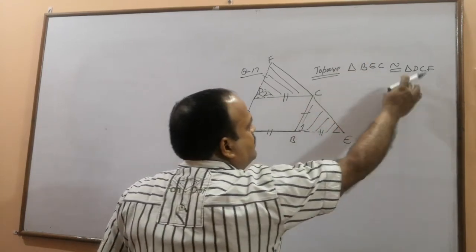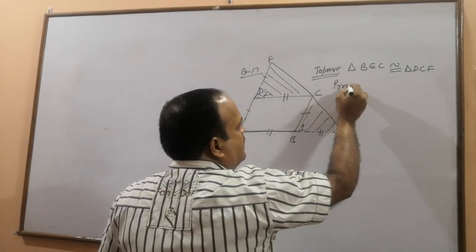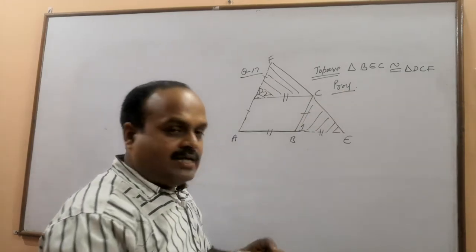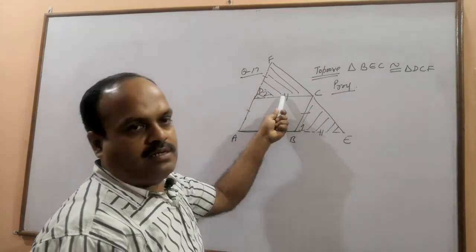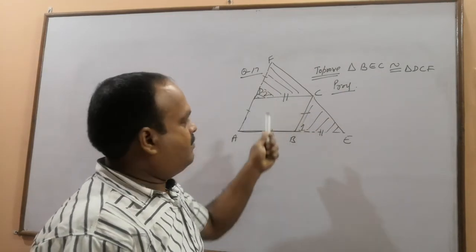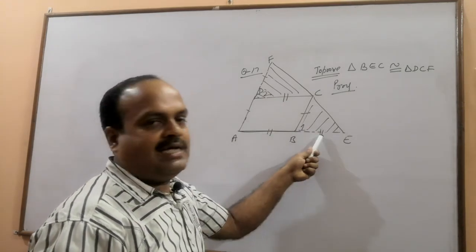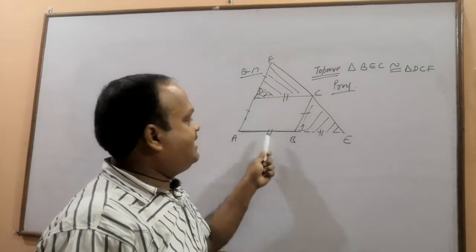But to prove the congruency, we will first write that why are these equal. बस क्वेश्चन में ये दोनों इक्वल दिया है, ये दोनों इक्वल दिया है, ये नहीं दिया है.